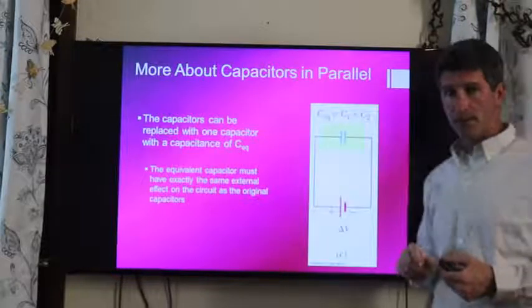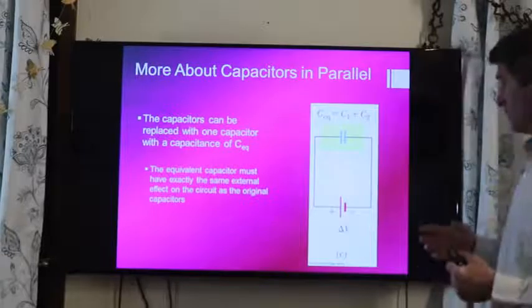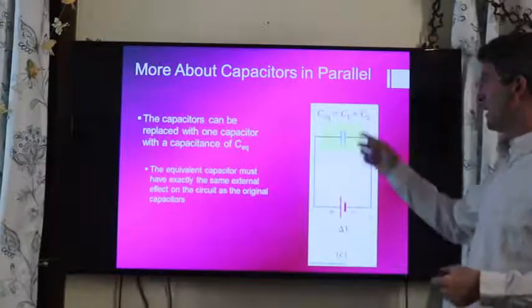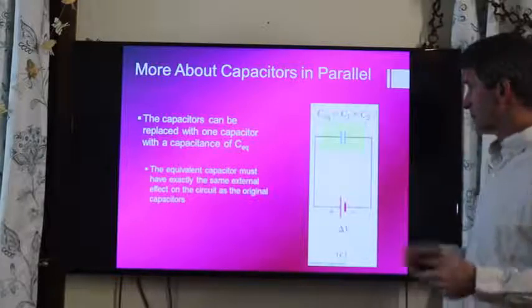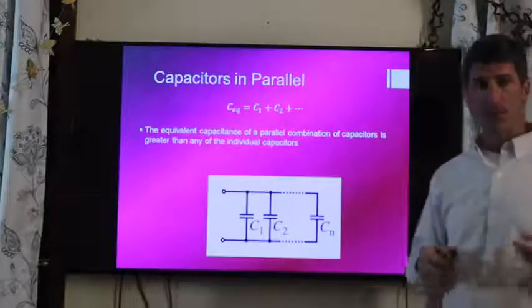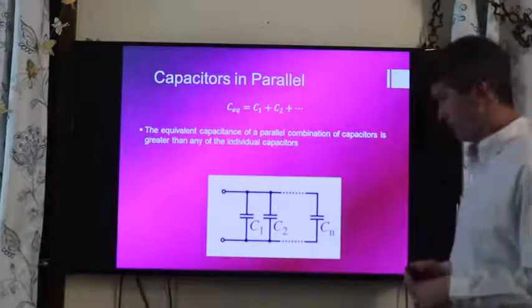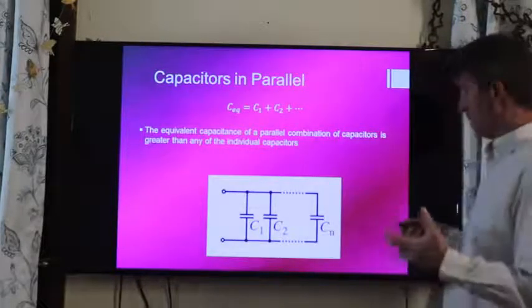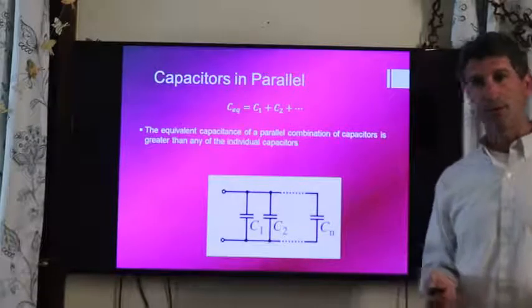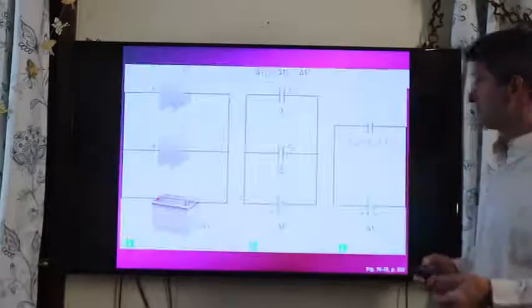An equivalent capacitor, which is bigger, would be able to store the same amount as C1 plus C2. So this is very simple. For capacitors in parallel, we simply add the capacitances together. And that tells us how much charge this total circuit can store for a given voltage.